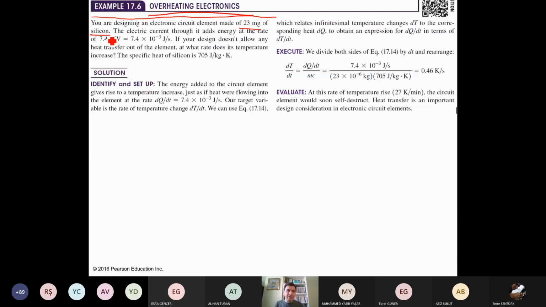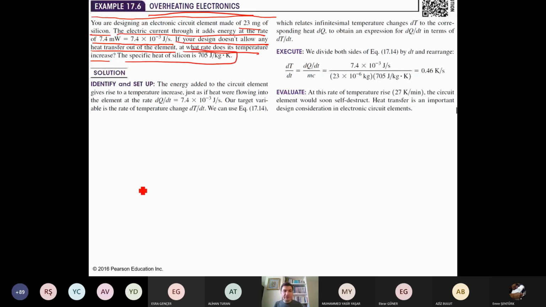The electric current through it adds energy at the rate of 7.4 milliwatt or 7.4 times 10 to minus 3 joule per second. If your design doesn't allow any heat transfer out of the element, at what rate does its temperature increase? The specific heat of silicon is given.